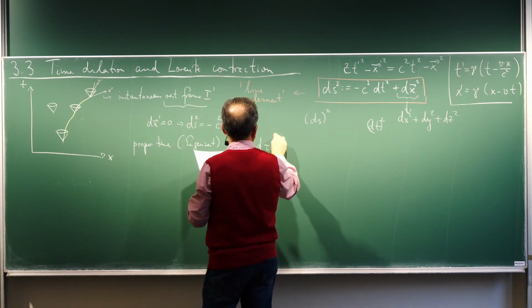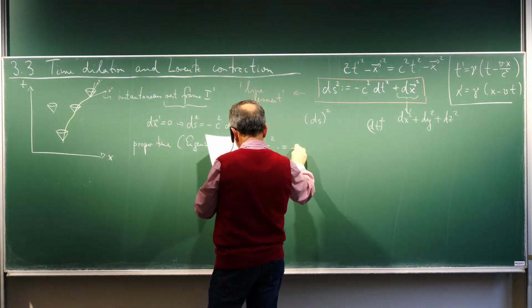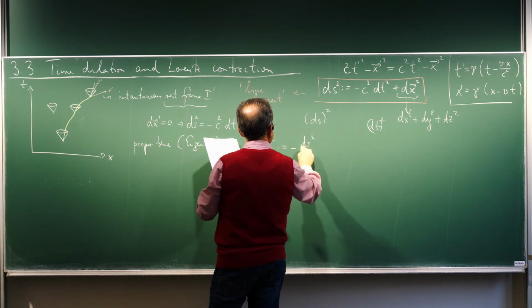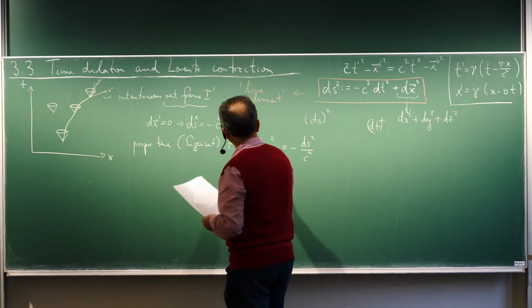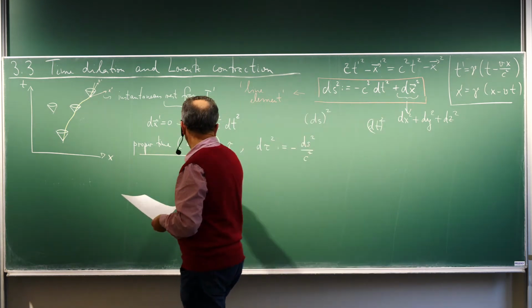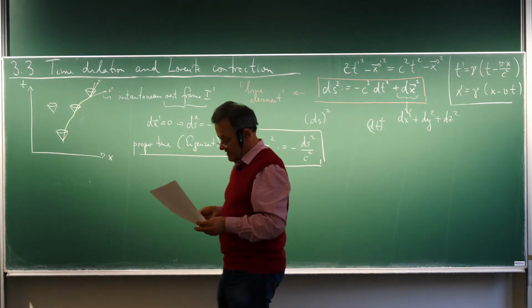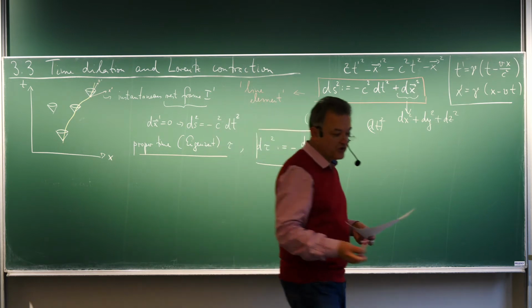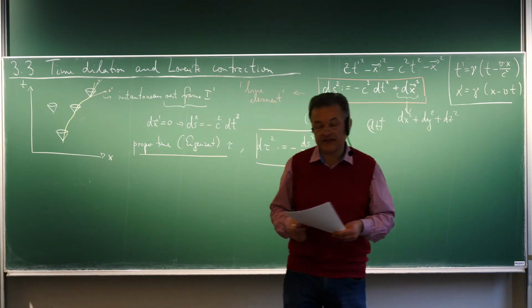Infinitesimally, d tau squared is defined as minus ds squared over c squared. So this proper time is an invariant quantity, and actually it's used for the definition of time since 1967.